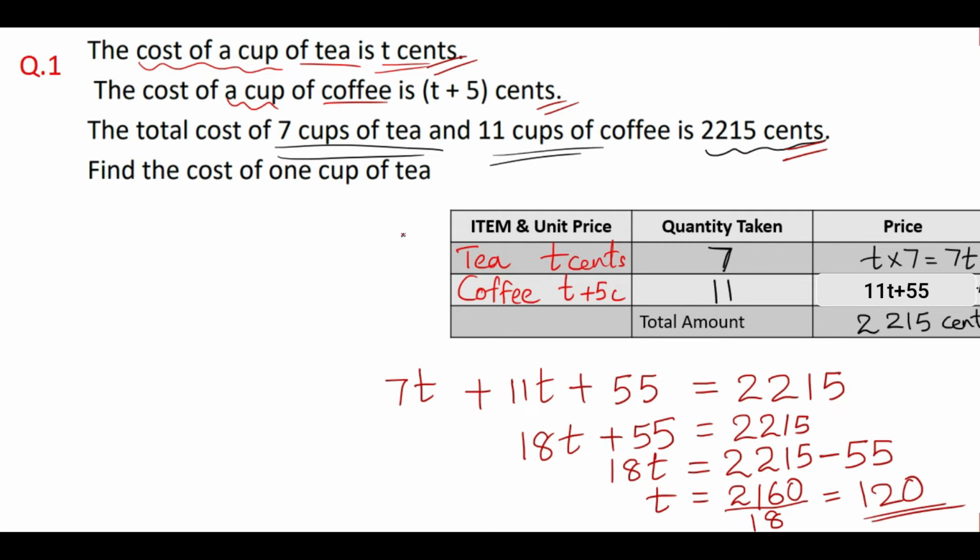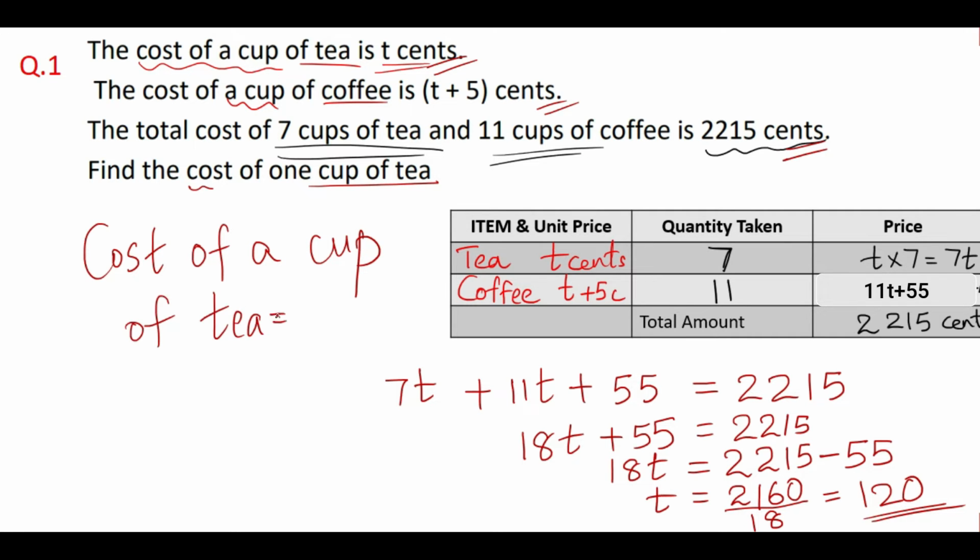Now going back to the question, you're asked to find the cost of 1 cup of tea, and here the cup of tea is T cents, so the cost of a cup of tea is equal to 120 cents. Be careful with the unit, since they are all in cents, so the final answer here should also be in cents. Moving on to the next question.